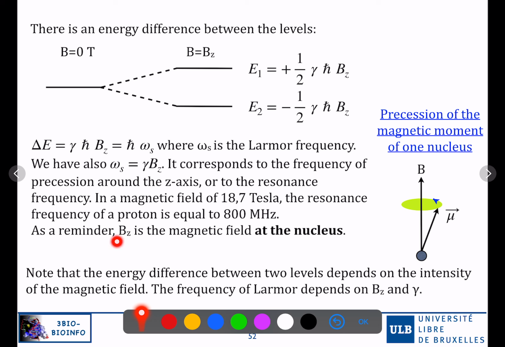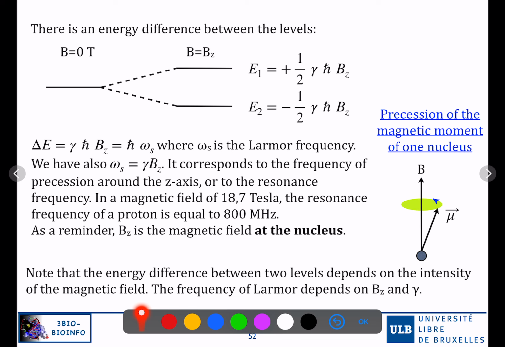And just keep in mind that Bz here is the magnetic field at the nucleus. It's not the external magnetic field that you switch on, and you have the equation that involves sigma, and that makes a relationship between B and Bz and B0 Z.